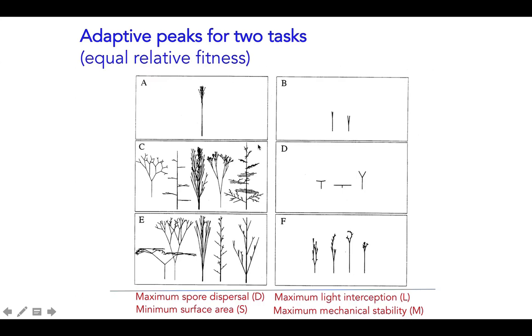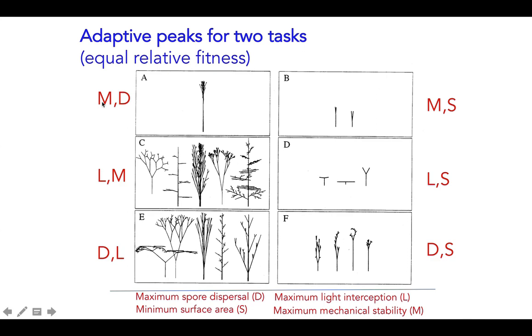So from a very humble initial beginning, depending on how selection acts, we can end up with different phenotypes. Now, what's interesting is look what happens if we select for two different tasks. Instead of just selecting for maximum light capture, what if we select for maximum light capture and dispersal, or maximum light capture and biomechanical stability? Well, it turns out here are the different phenotypes. And notice that they're different than if you select for just one task. What I'm showing you here, MDLM, corresponds with your key down below.